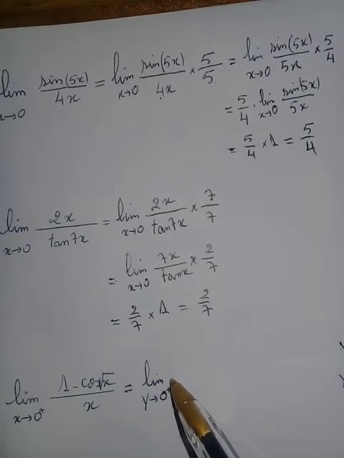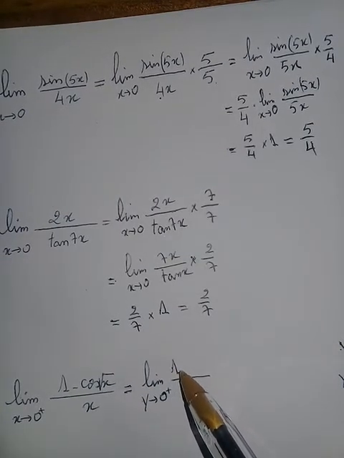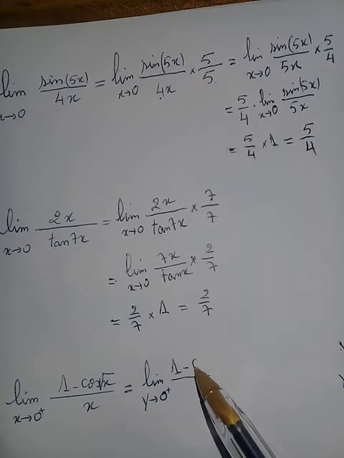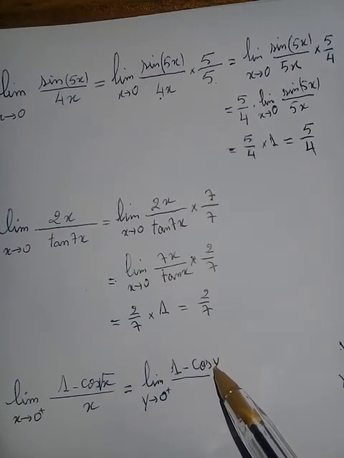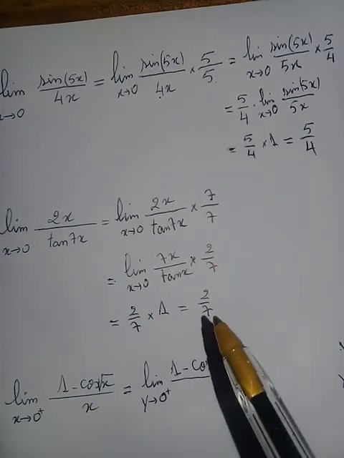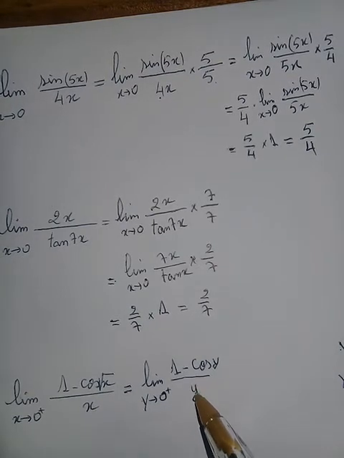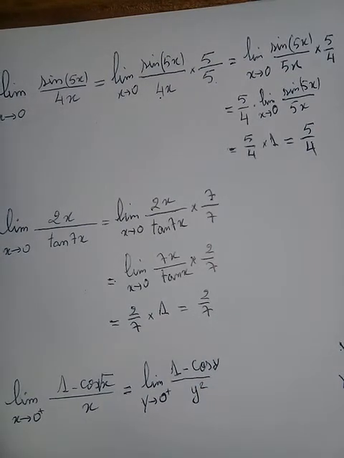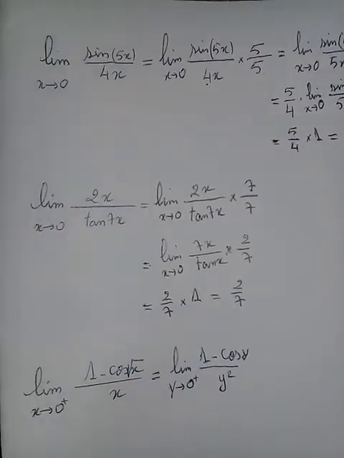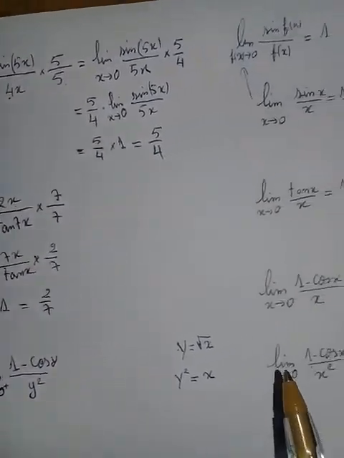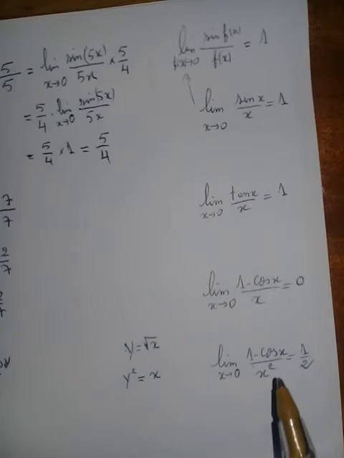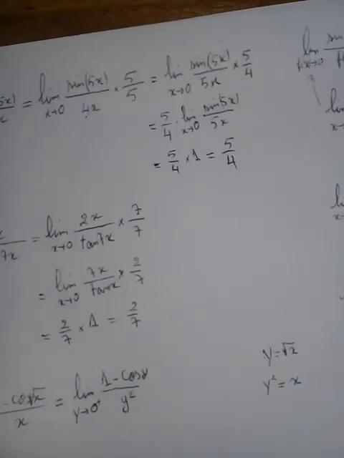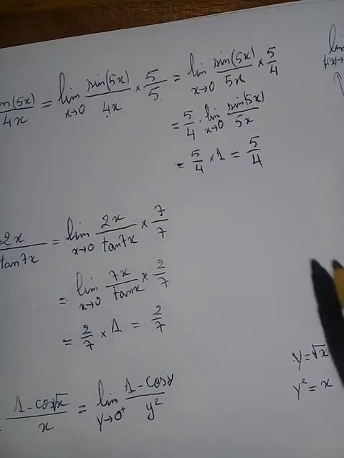So it's the limit of 1 minus cosine y over y squared. And this is clearly this usual limit here, which is 1/2.